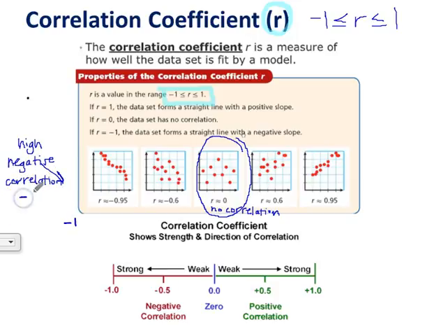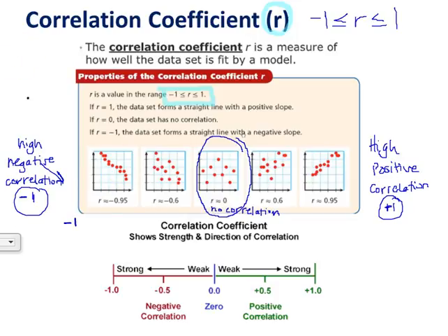If we have +1, the opposite is true. We would have a high positive correlation. And as we get closer to 0, the weaker the correlation gets.